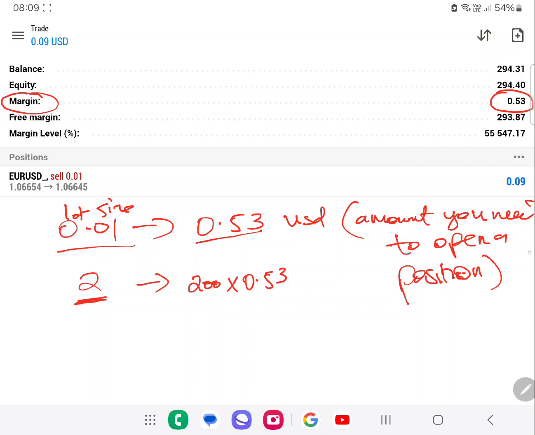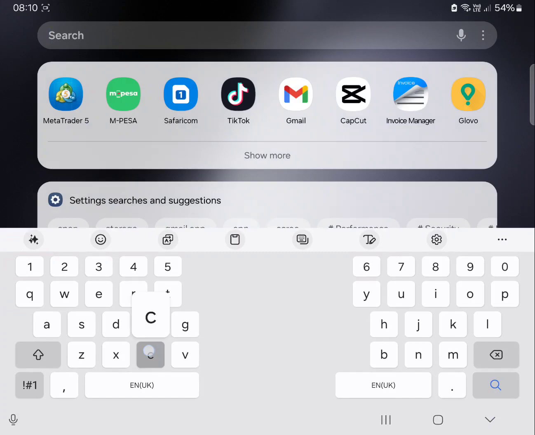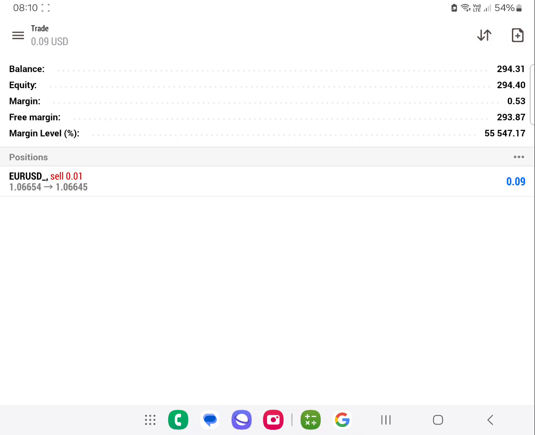So we have 0.53 times 200, so we need $106. Let's say 0.01 needs 0.53 US dollars.